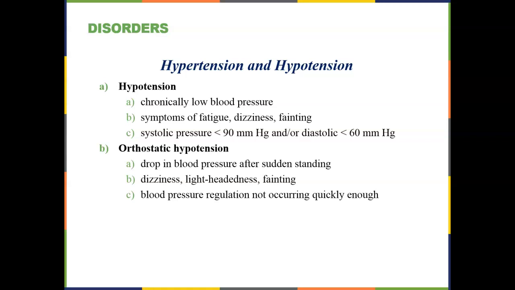So, like from sitting to standing, you might get dizzy for a second, and that's associated with your blood pressure not being regulated fast enough. So it typically happens to everybody at least once in a while, but if it's constantly happening, then you might have something wrong with you.